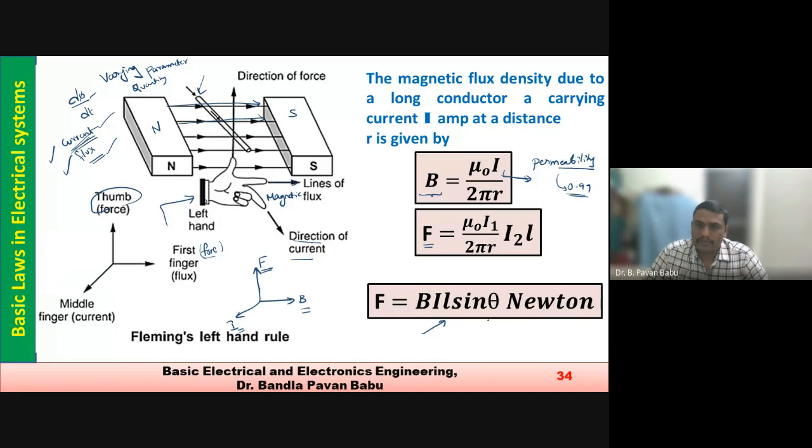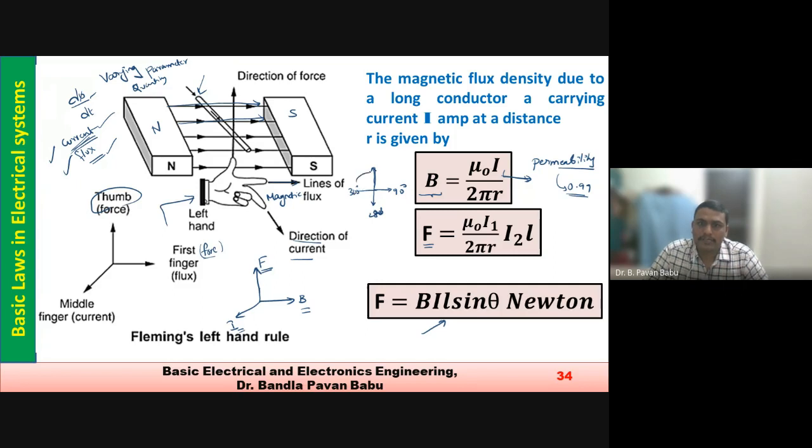It is a rotating quantity, right? Suppose it starts from 0, then 90, 180, 270, 360 degrees.